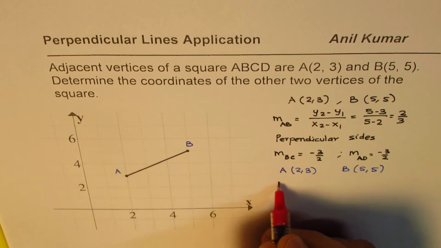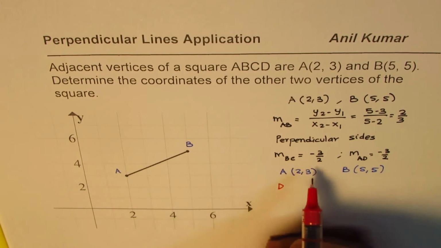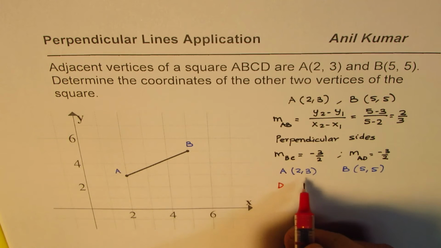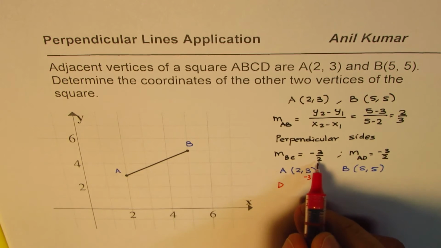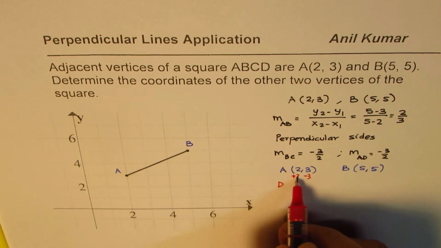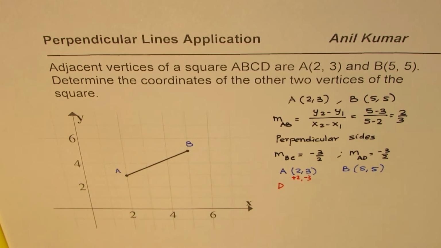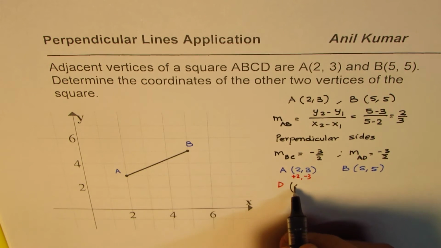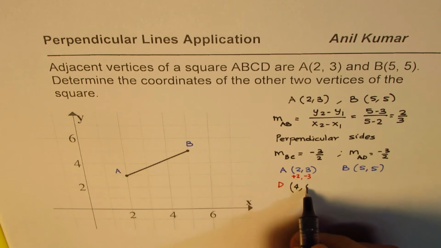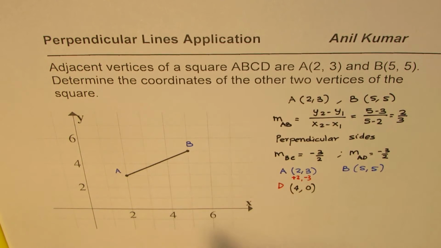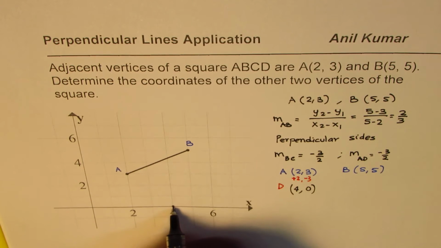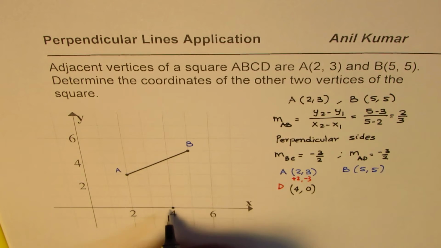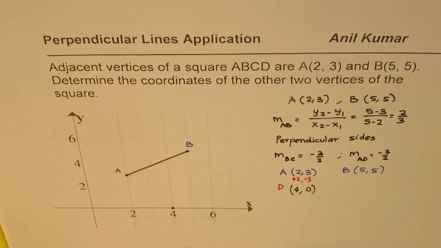To get the point D, what are we going to do? From the y value we have to take away 3, and to the x value we have to add 2. So you get 2 plus 2 is 4, and 3 minus 3 is 0. So the coordinate for D is 4, 0.